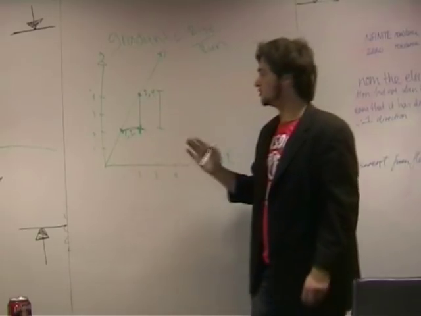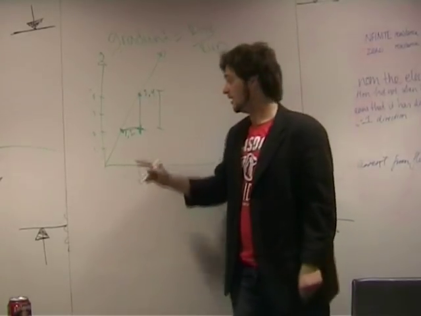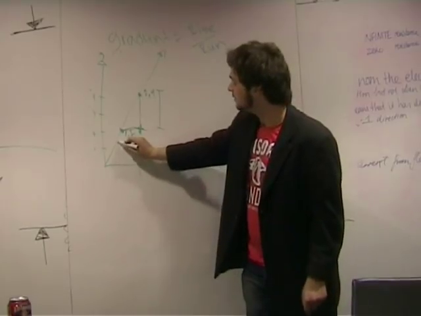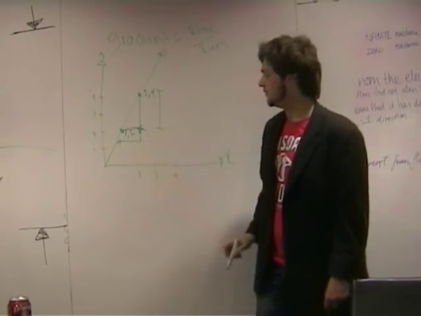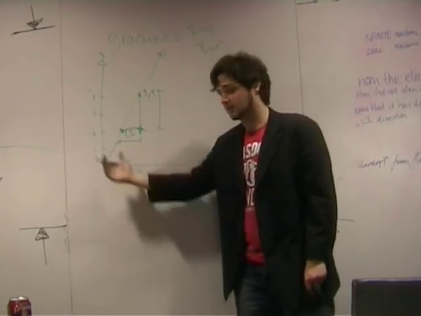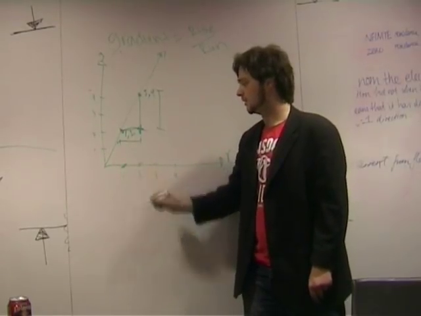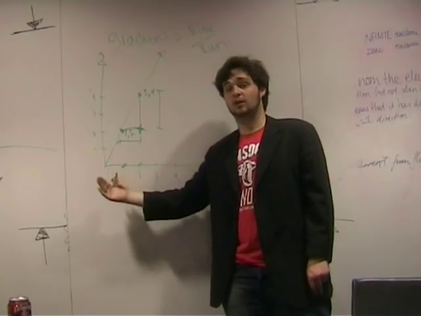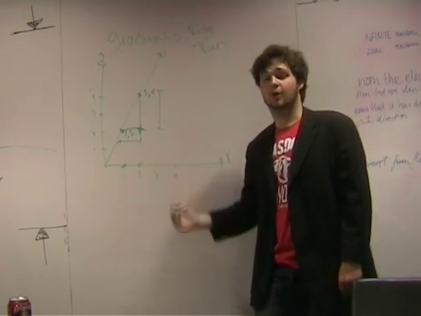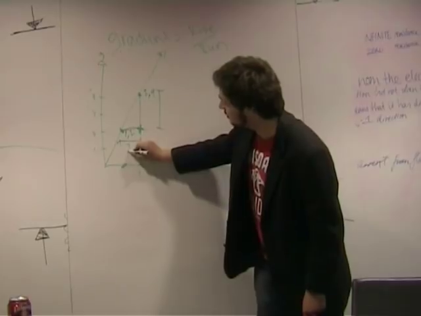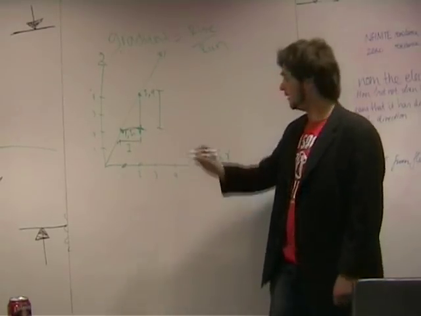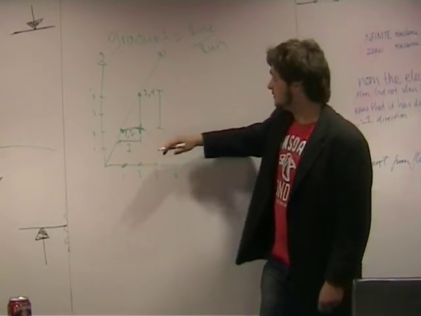All right. So what are these numbers? On the run, it goes from 1 to 2, so it's run 1 unit across. We can say that that's 1. What's the rise?